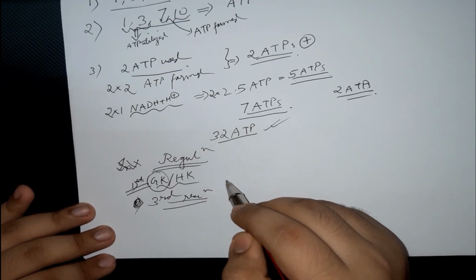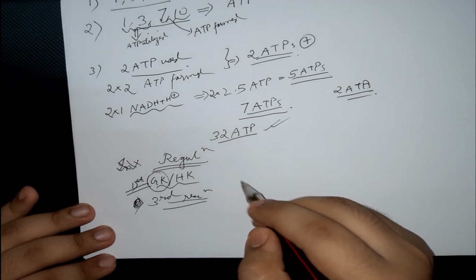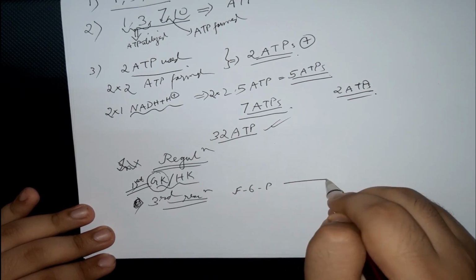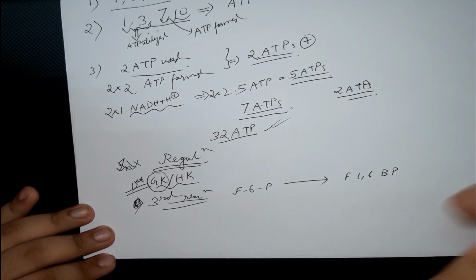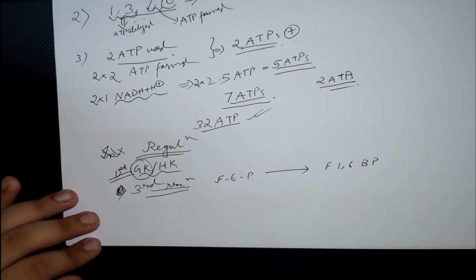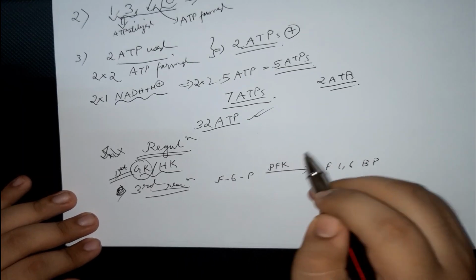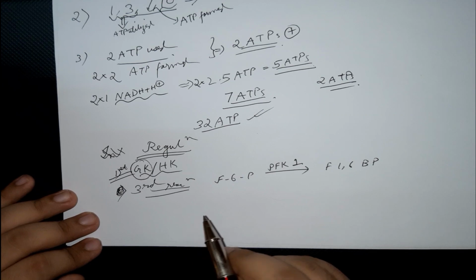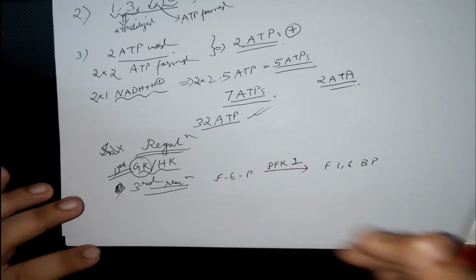That was the step catalyzed by phosphofructokinase, that is fructose 6 phosphate to fructose 1,6 bisphosphate. Now listen to me very carefully, this is an important one. I had said that this is catalyzed by phosphofructokinase 1.